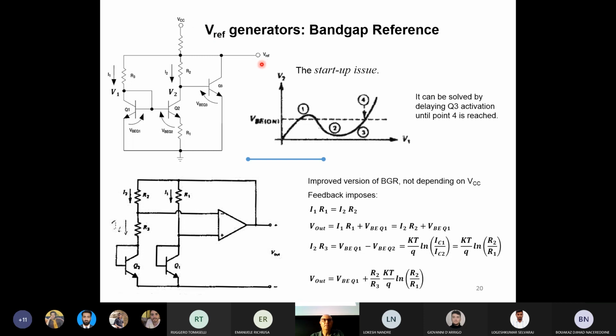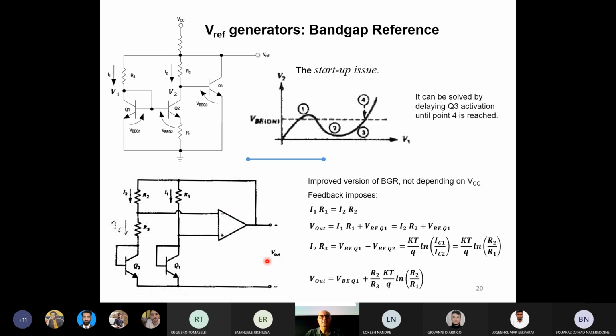While if we use as the feedback stage, instead of Q3, this op-amp, the op-amp is intrinsically not depending on the power supply of the op-amp itself, okay? So we have a much more stable circuit if we change a bit to things like this.